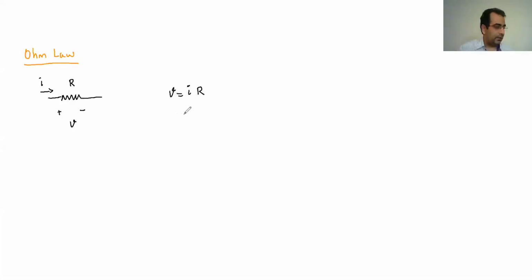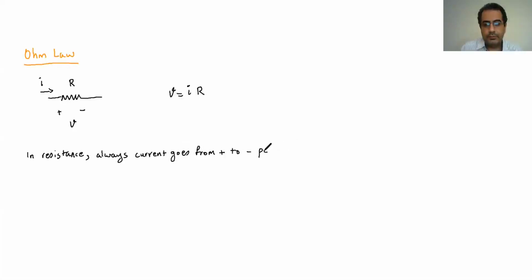A couple of points that I want you to remember. The most important point is that in a resistance, current always goes from positive to negative polarities.